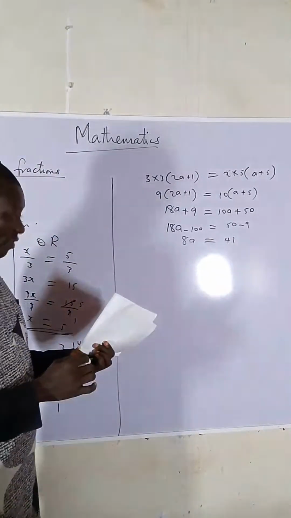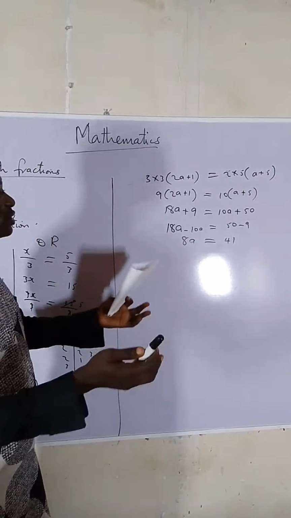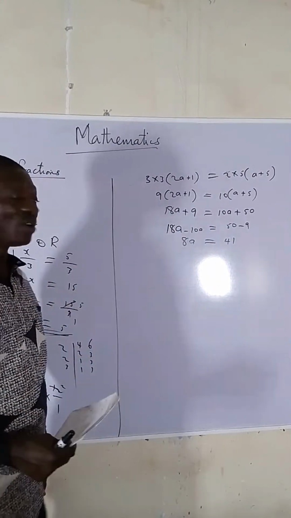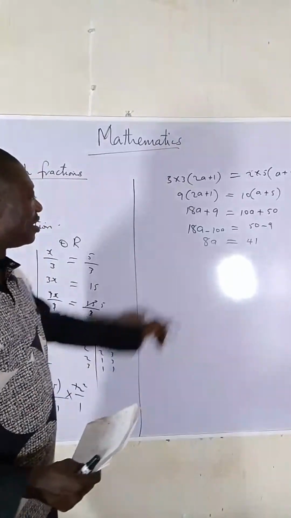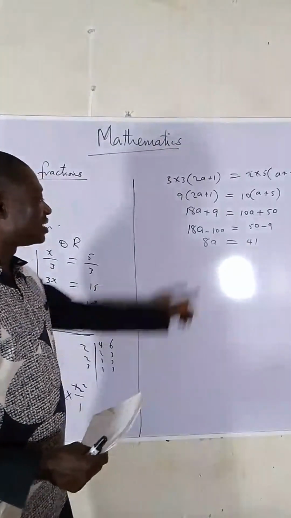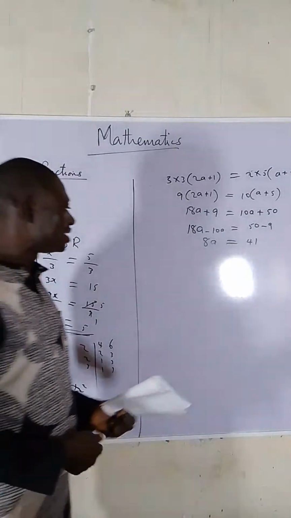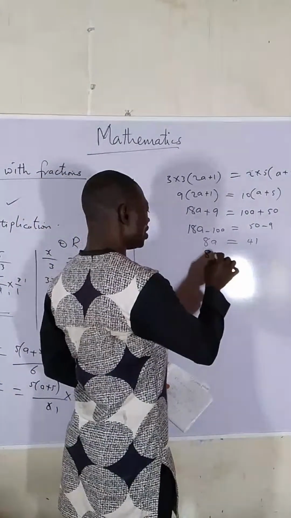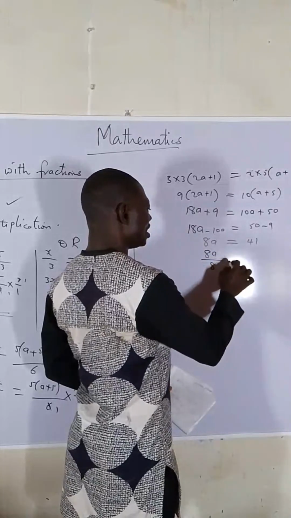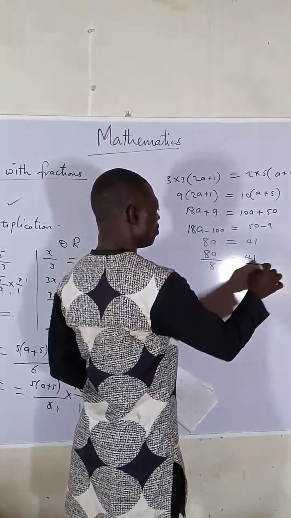All right, 41. We now divide both sides by the coefficient of unknown. What will be the coefficient of unknown here? 8. The unknown here is A, which we are looking for. So we divide both sides now by 8 and have 8A over 8 is equal to 41 over 8.